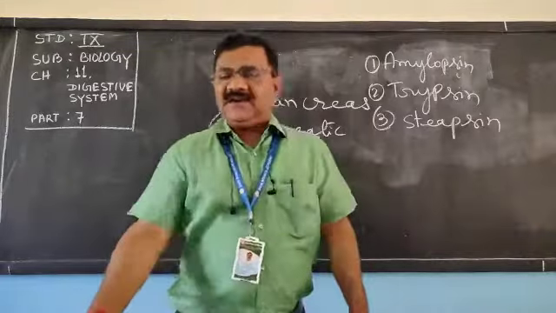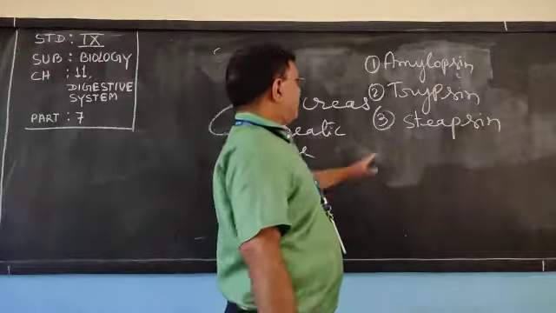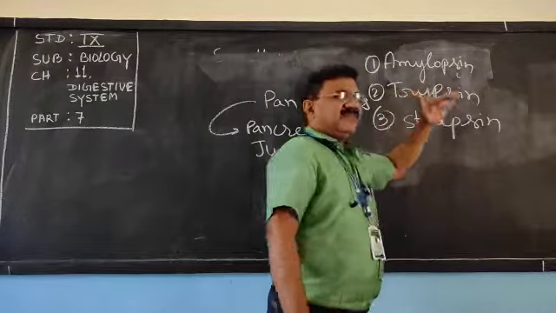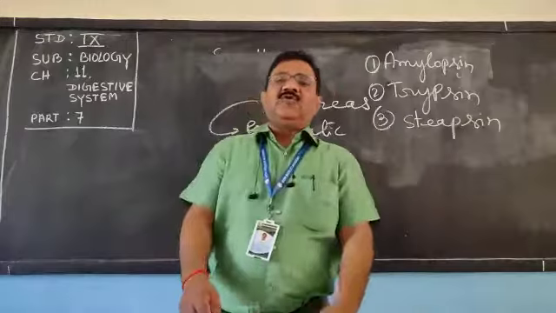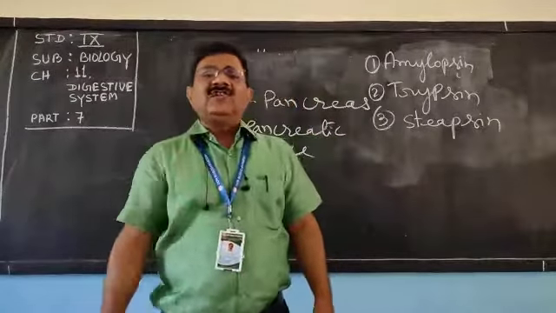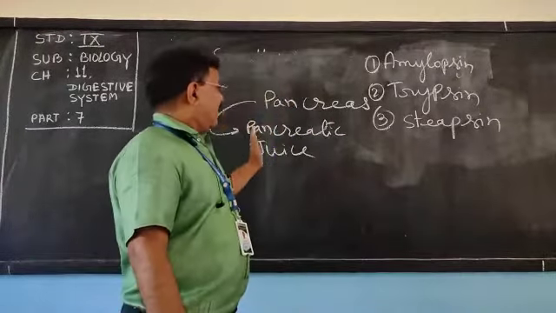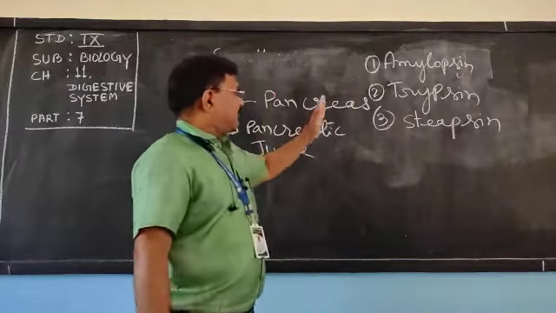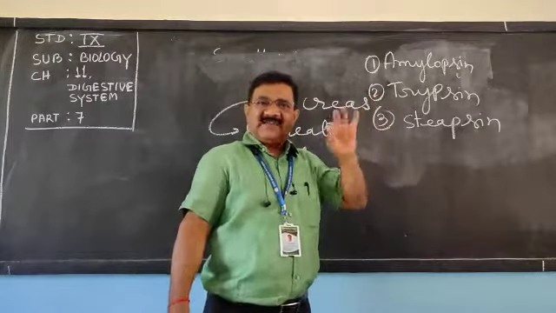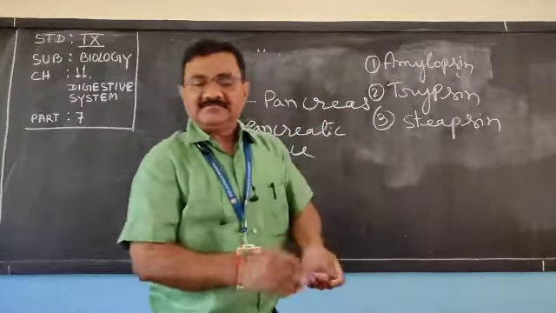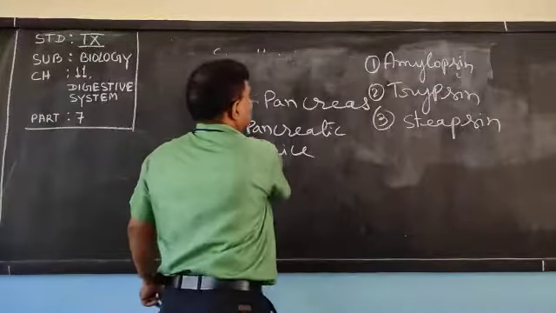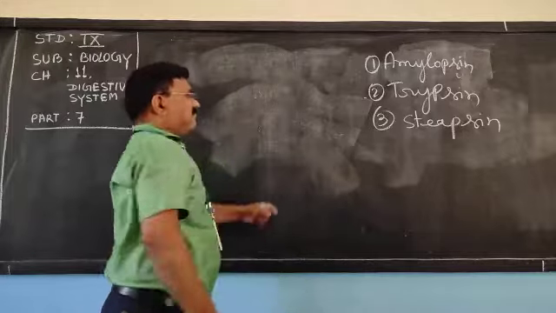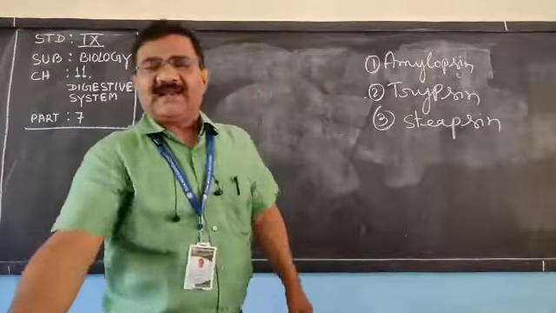The pancreas secretes pancreatic juice, and pancreatic juice contains three things: amylopsin, trypsin, and steapsin. Yesterday I told that the pancreas also secretes insulin, but here we are not going to discuss that part. Here we are going to discuss the role of the pancreas as a gland in digestion. So we will discuss each and every component of the pancreatic juice.